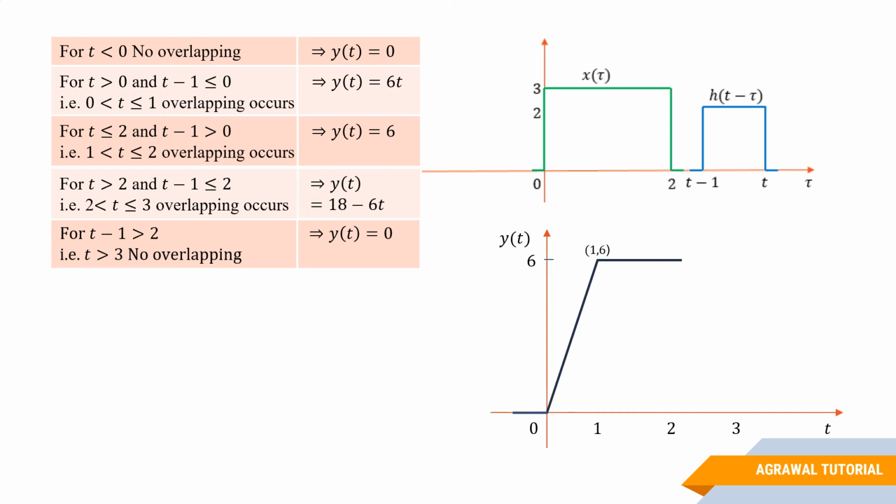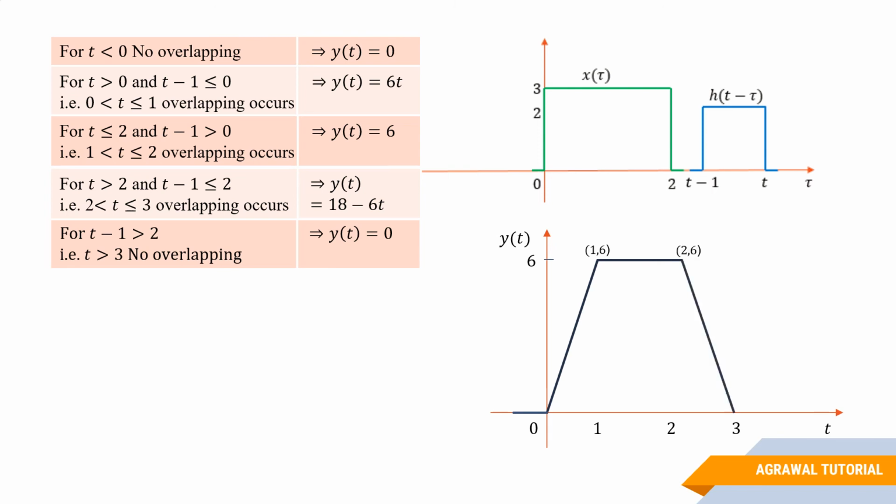Similarly, for t greater than 2 and less than or equal to 3, y of t is 18 minus 6t. This is also an equation of a straight line, but with negative slope. That is, at t equal to 2, we get y of t is equal to 6. And at t equal to 3, y of t is equal to 0.